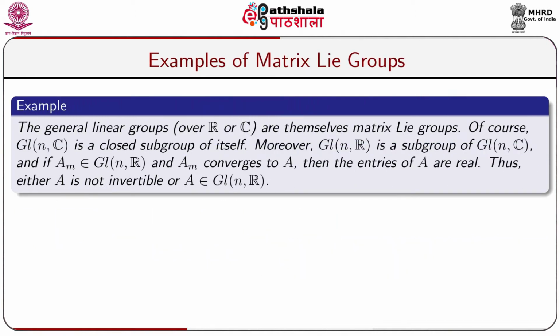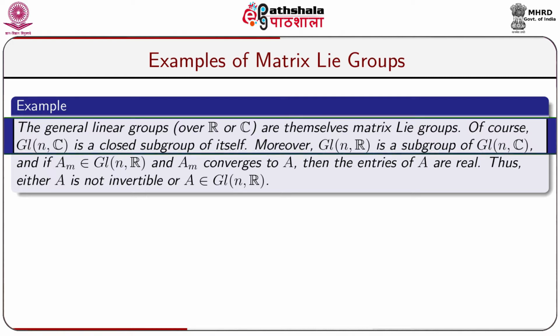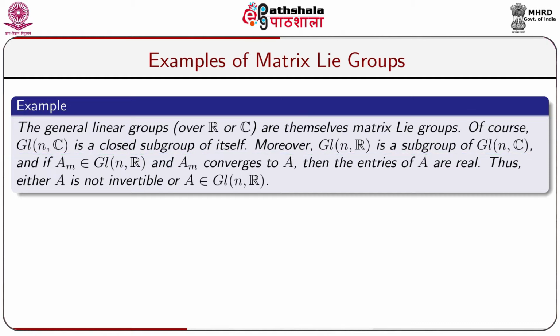Some examples of matrix Lie groups. The general linear groups over R or C are themselves matrix Lie groups. It is easy to show that GLNR is closed in GLNC, so it will be a matrix Lie group.